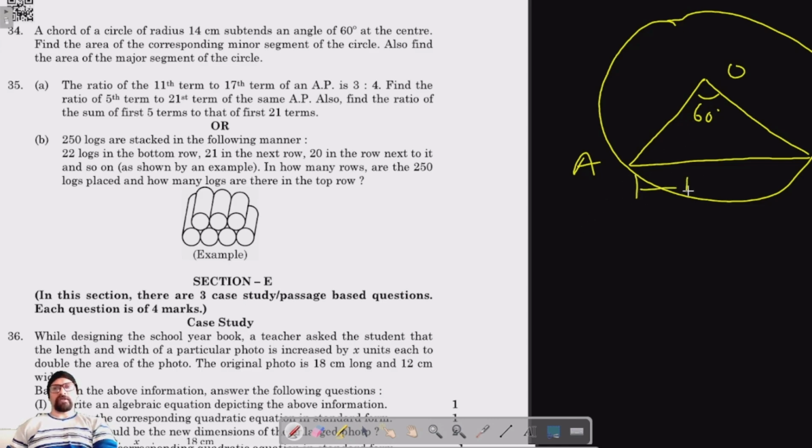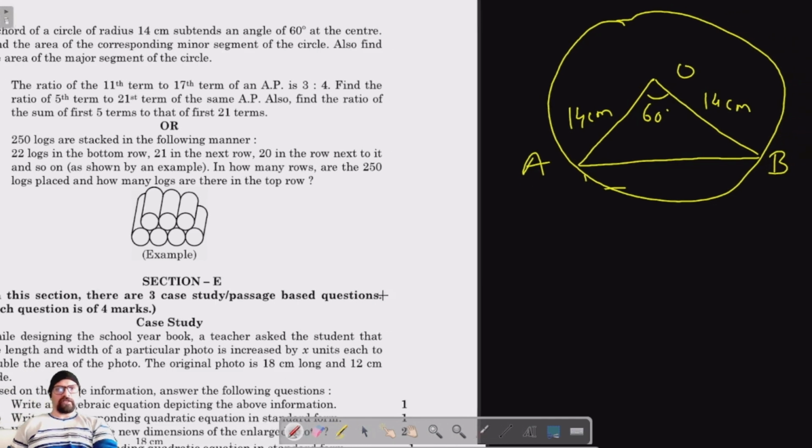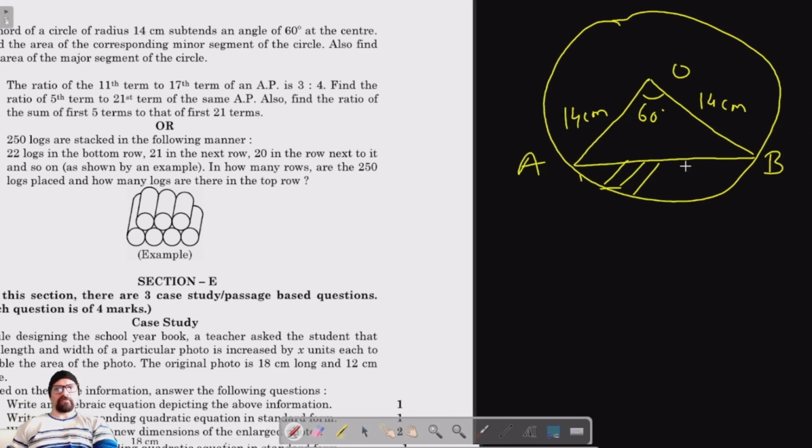Radius is 14 centimeter. We are not given the length of the chord. Now we have to find the area of the corresponding minor segment.